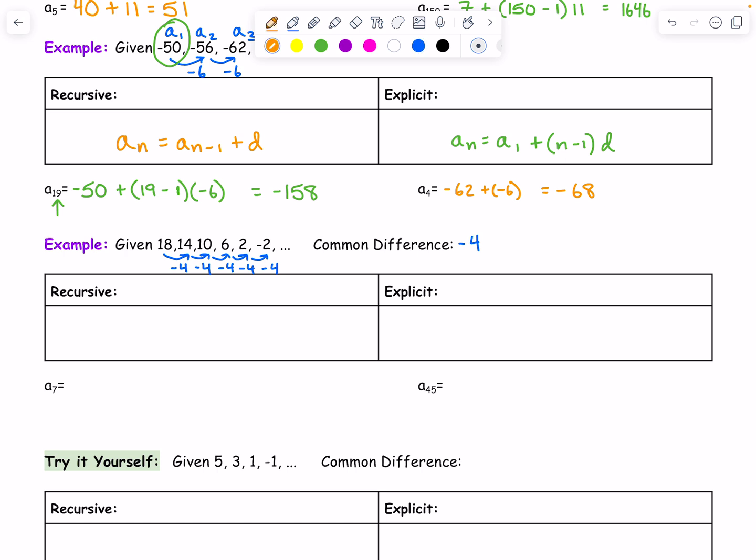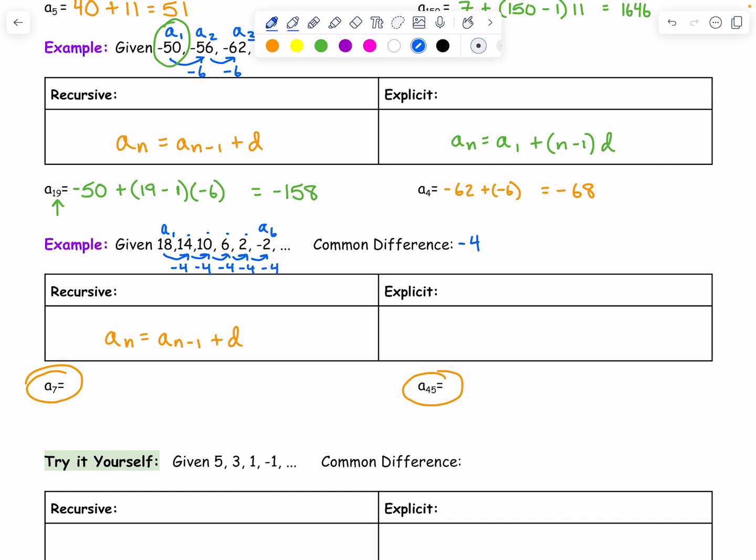Let's write out our recursive formula again. So a sub n is equal to the previous term, which is a sub n minus 1 plus the common difference d. And then would that help us figure out the 7th term or the 45th term? So it looks like we've got the first term, the second, third, fourth, fifth. Looks like we have the 6th term.